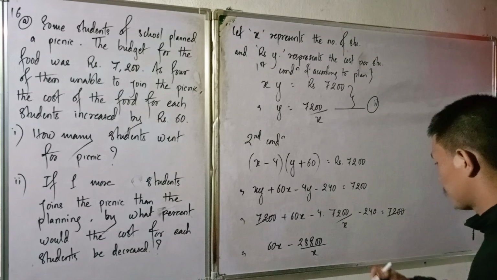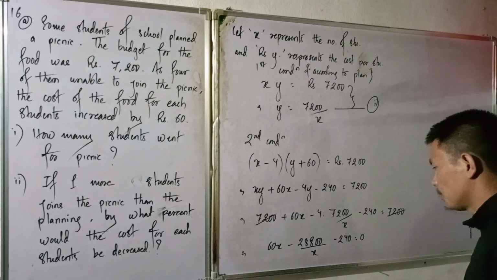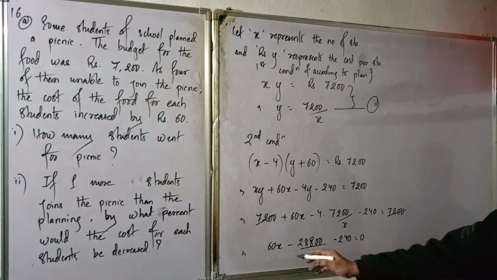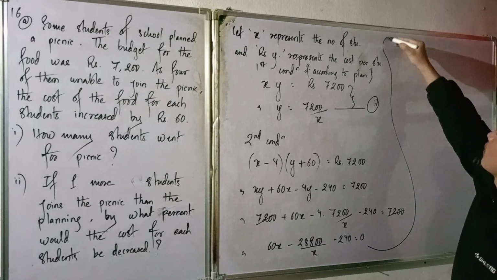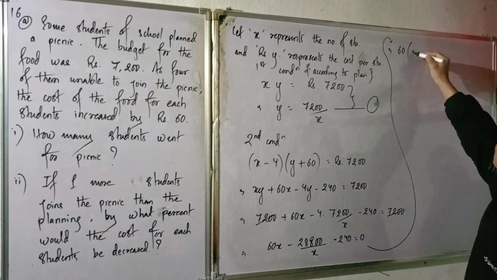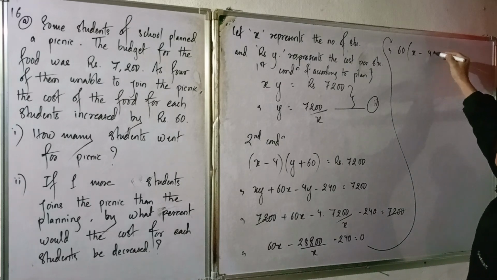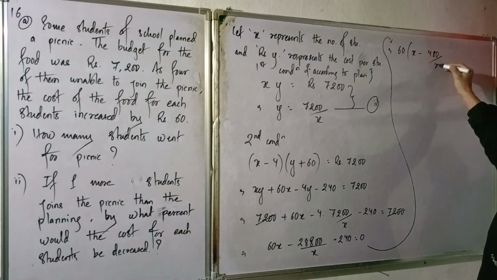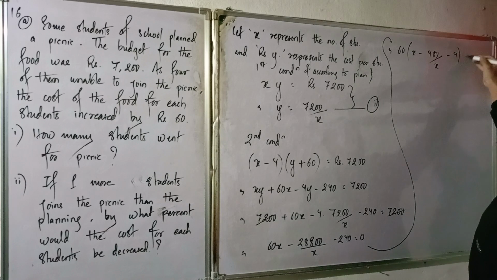Okay, minus 240 equals 0. Now you can also take 60 common from this. If you take 60 common, then the remaining will be x minus 480 divided by x minus 4 equals 0.